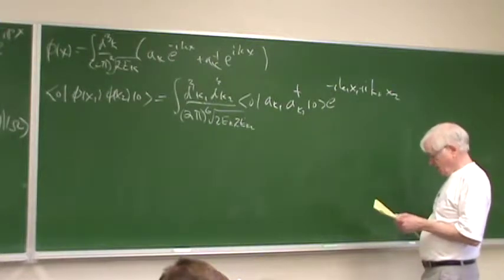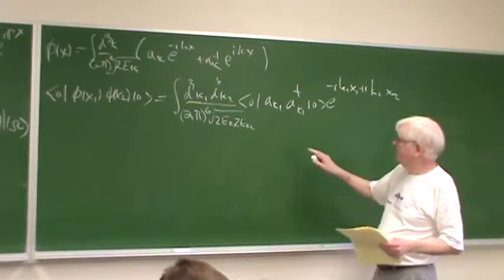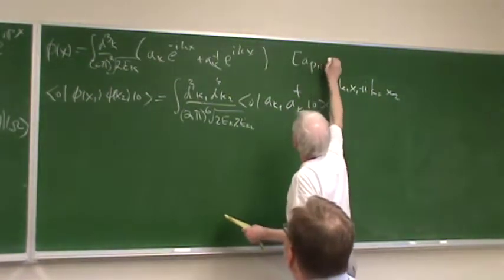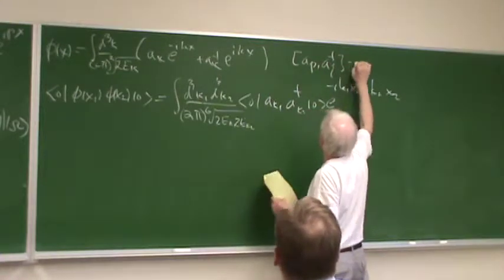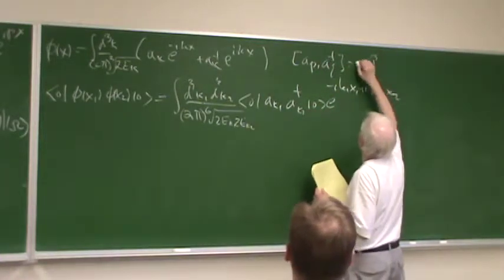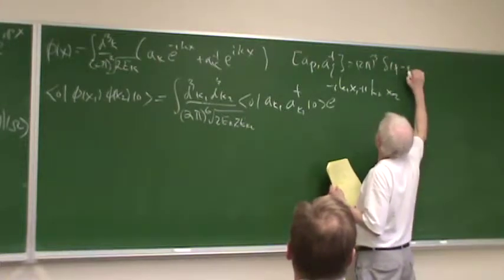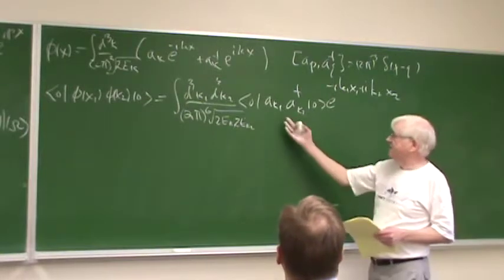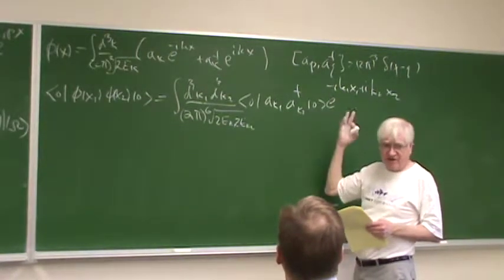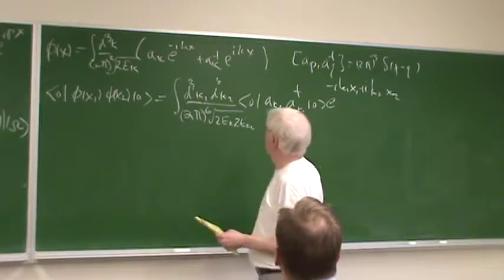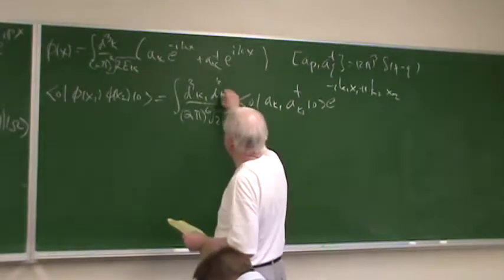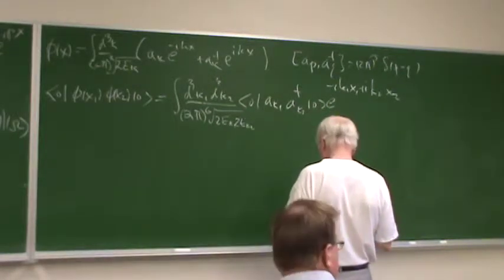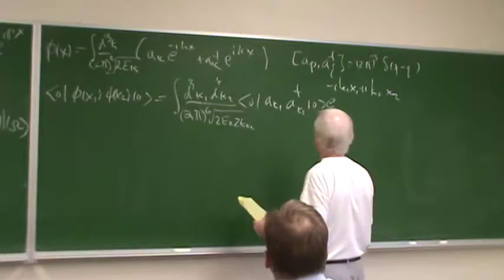Now, we know that the commutation relation is a_p, a_q dagger equals 2 pi cubed delta of p minus q. So, we have a delta of k1 minus k2, 3 vector k. And that means that one of these k's has to be the same as the other. Then the two energies have to be the same.